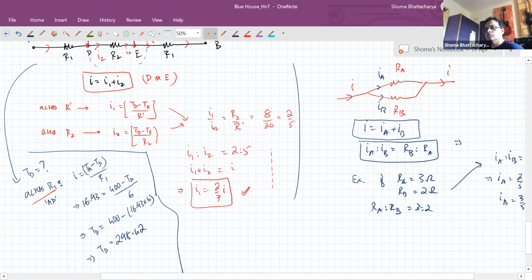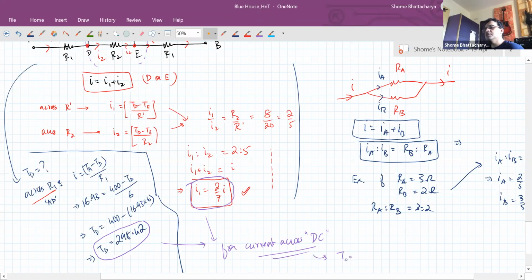Okay. So now these two data I'll have to use, this one and this one. Both these things I will have to use for current across that branch DC.